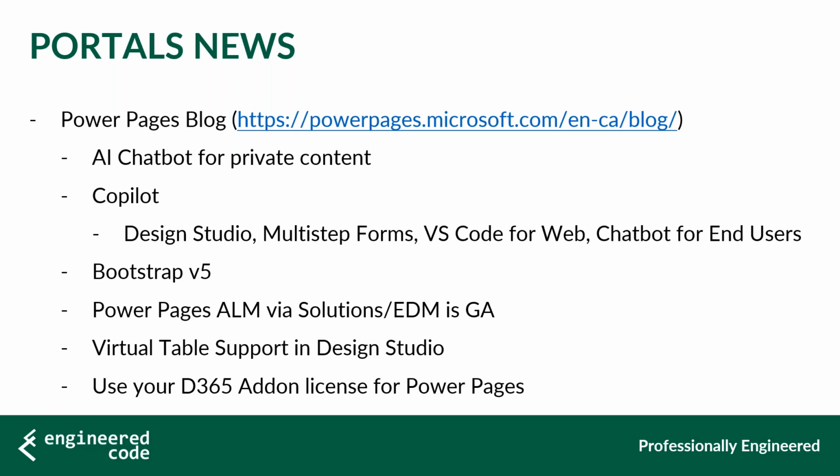Bootstrap 5, of course, is still in public preview, but with the enhanced data model being generally available, that's the direction I would go. I'm not aware of what the migration path is for existing sites using the standard data model. I suspect there will be some sort of tool to do that. I don't suspect it will be too painful a process because it mostly is a behind-the-scenes data type thing.